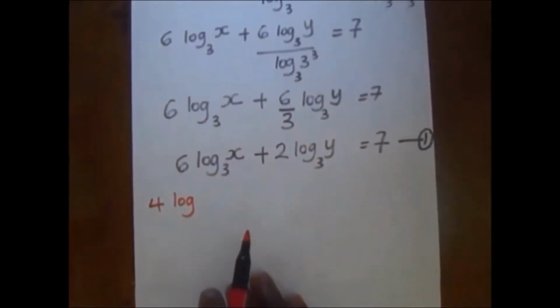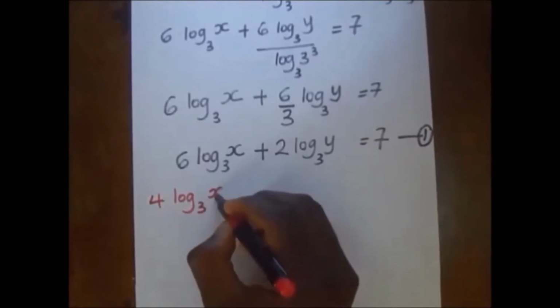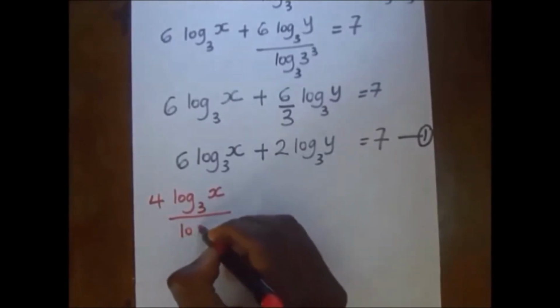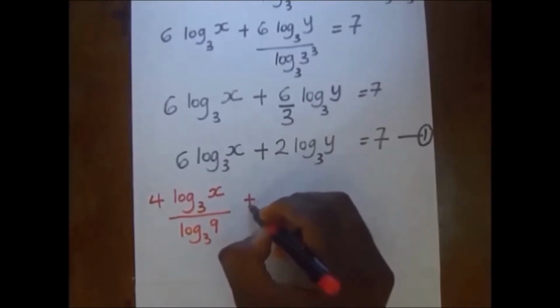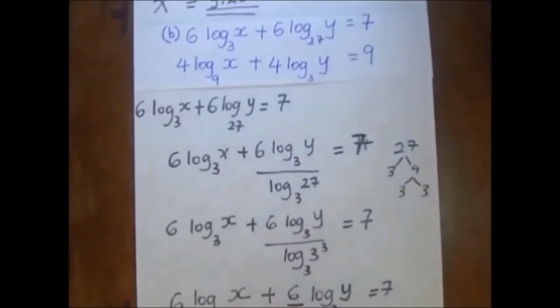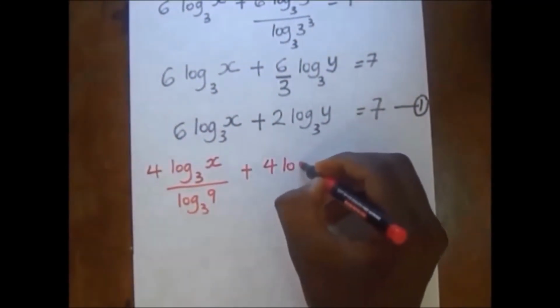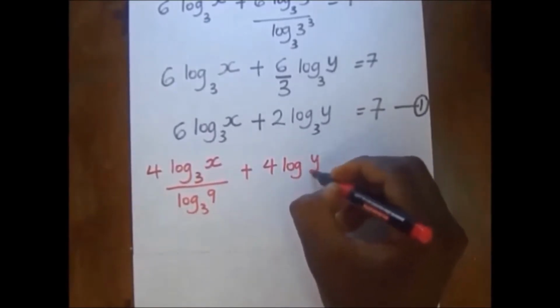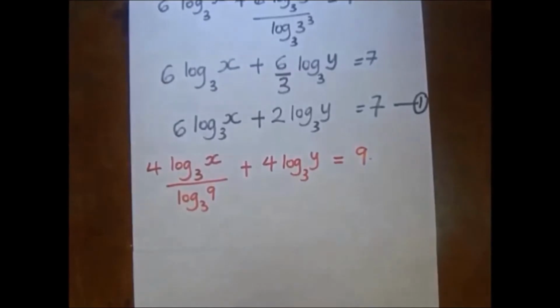So it's going to become log base 3 of x over log of 9 base 3, plus 4 log of y base 3 is going to be equal to 9.